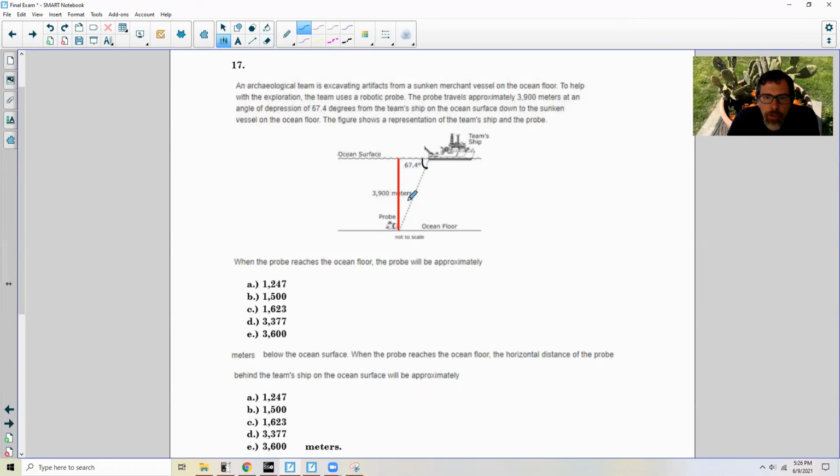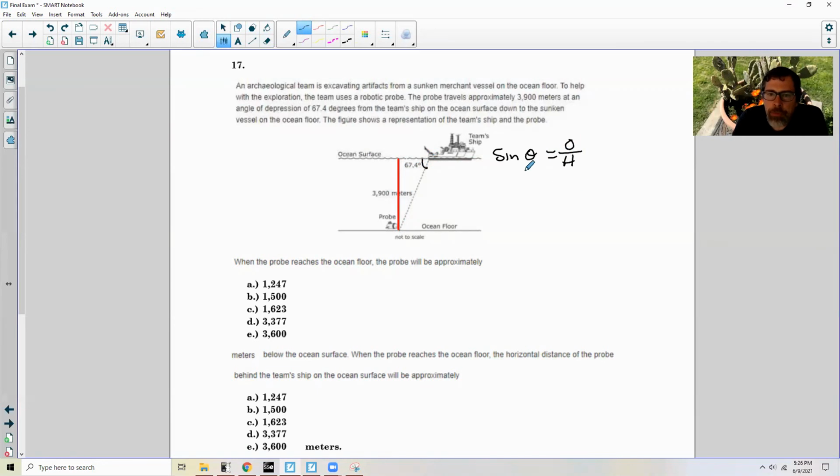So there's our right triangle, and we want to know what this length is when the hypotenuse is 3,900 and this angle is 67.4 degrees. So I want to know opposite, and I do know hypotenuse. So that would be sine of the angle.